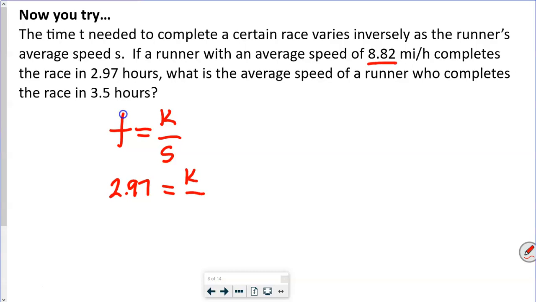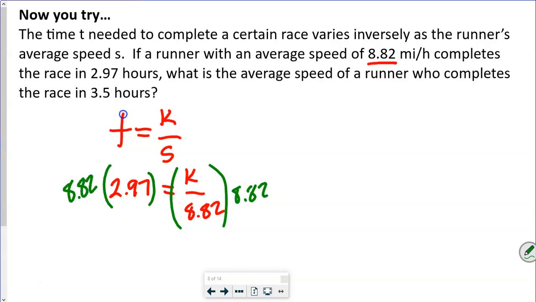What was our speed, y'all? It was 8.82. So once again, we're going to multiply both sides by our 8.82, right? So that's going to give us 26.1954. And that's equal to our k.